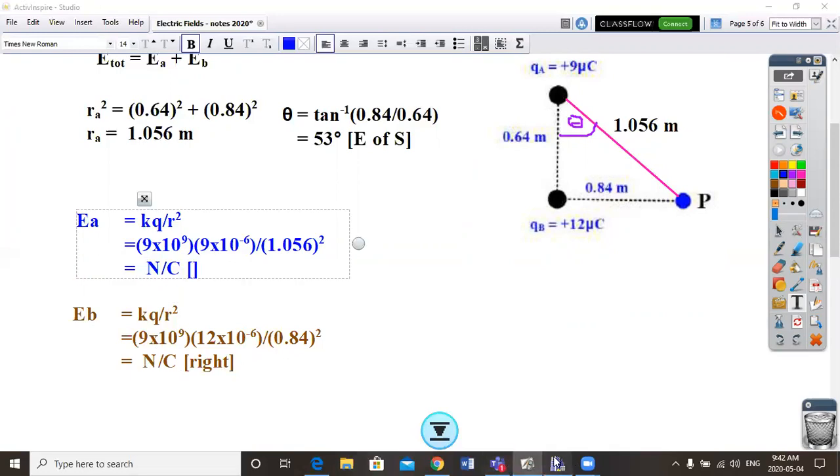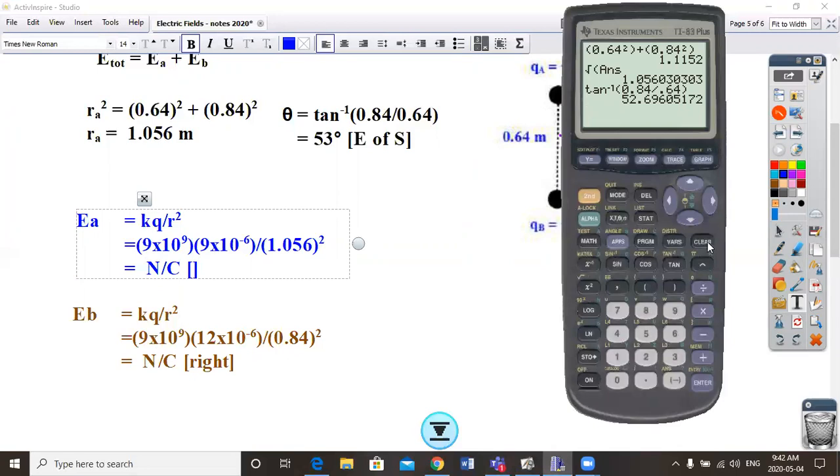Okay, so now we can calculate this. So 9 times 10 to the power of 9 times 9 times 10 to the power of negative 6. And we divide that by R squared, so 1.056 squared.